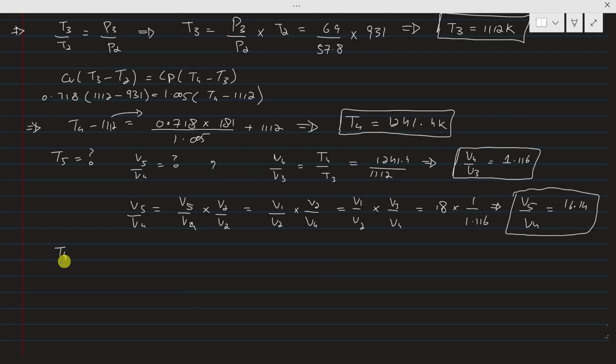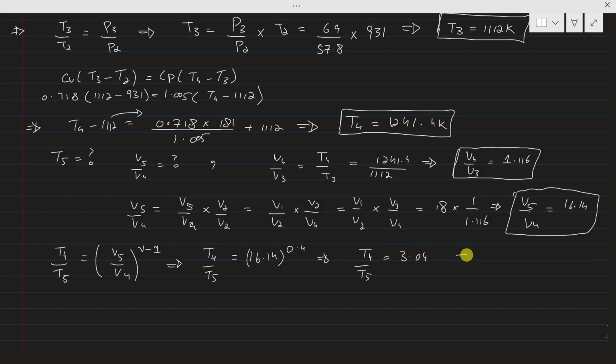Now the process 4 to 5 is an isentropic expansion process. So apply the formula of isentropic equations. T4 by T5 equals V5 by V4 to the power gamma minus 1, that is 16.14 to the power 0.4, and after simplification you will find T4 by T5 is equal to 3.04.